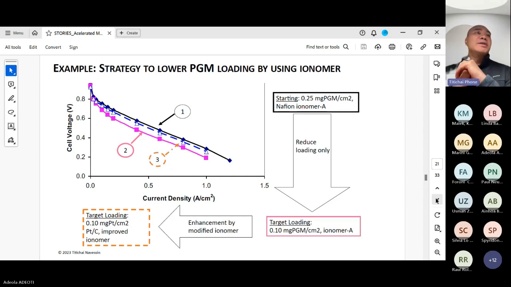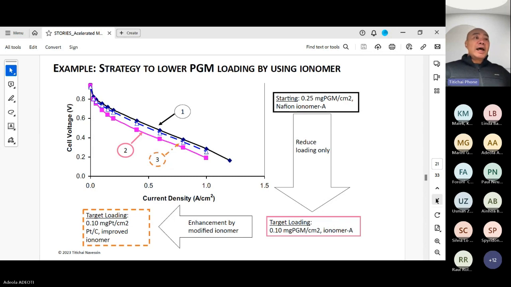In this case, it is a combination of platinum and other alloys. We start from the baseline polarization at 1, with about 0.25 milligrams of platinum-based catalyst per square centimeter with Nafion ionomer.